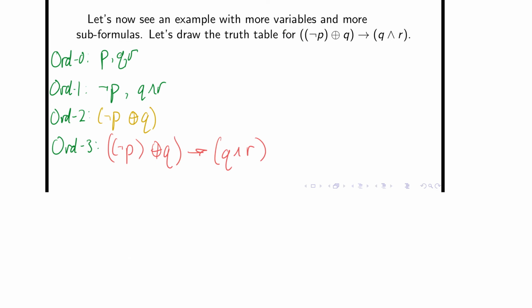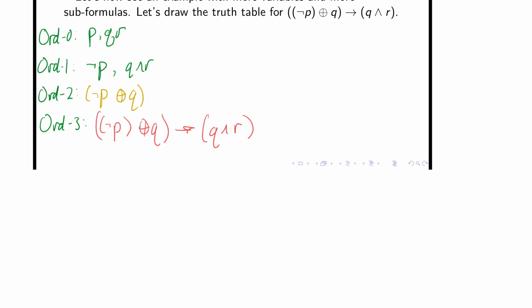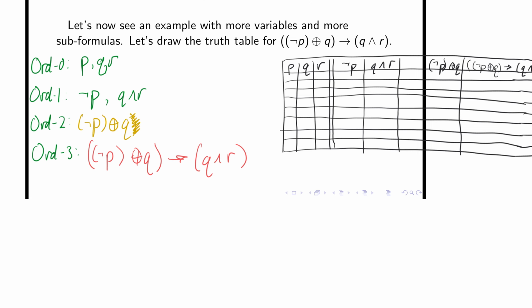Now that we know what the subformulas are and what their orders are, we can start making the truth table. Here I've given it the appropriate rows and columns. It's got 8 rows, and I have put the order 1 subformulas in the next couple columns, and then the order 2 subformula in the following column, and then the final order 3 subformula in the final column.